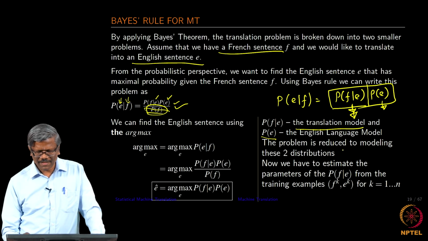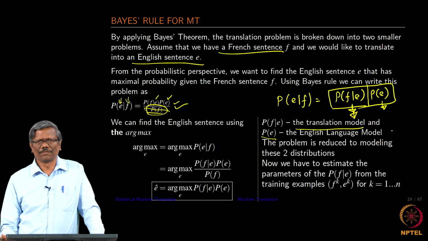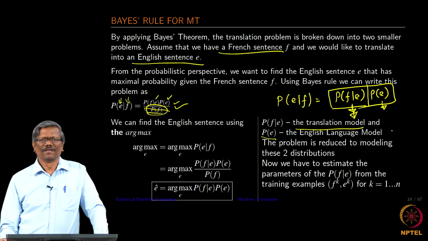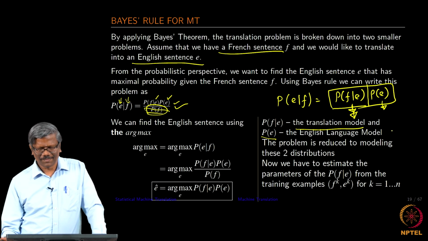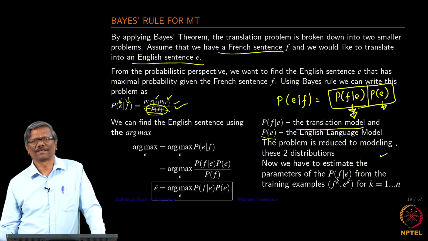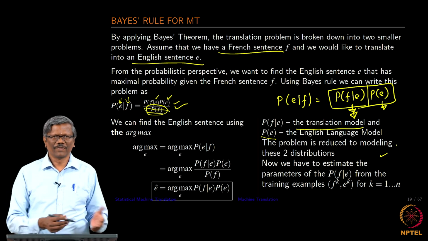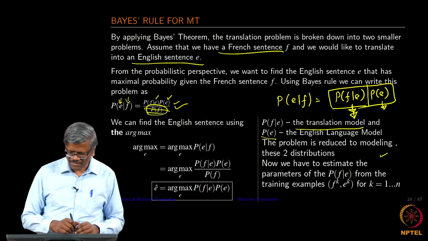So, if you are able to estimate these two distributions, we should be able to find out the English translation given the French sentence. Okay, so, this is something that we have obtained using the Bayes rule.